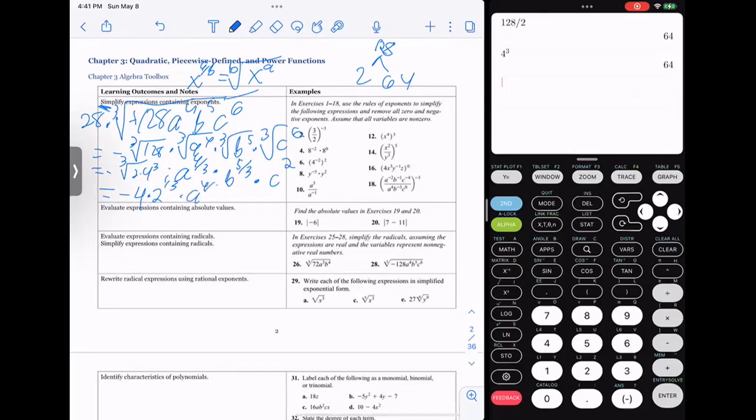Times a to the 4/3 times b to the 5/3 times c squared. Okay. And that should be your final answer. See how I did that? Yeah. Try to work it out for yourself real quick.